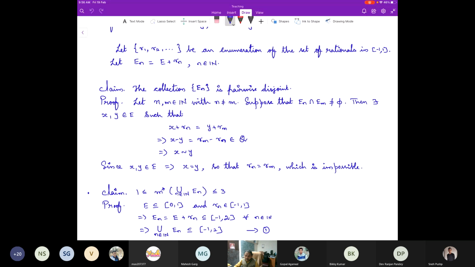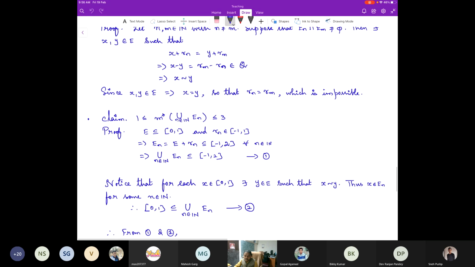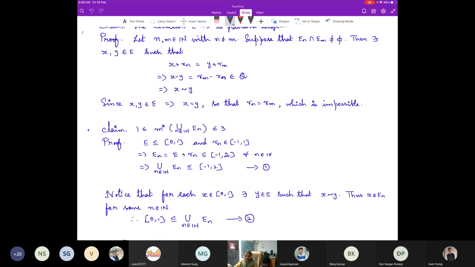If they are going to be measurable, then what does it tell us? That you are supposed to have equality, but that is not the case. That's the whole point here. Is that clear?